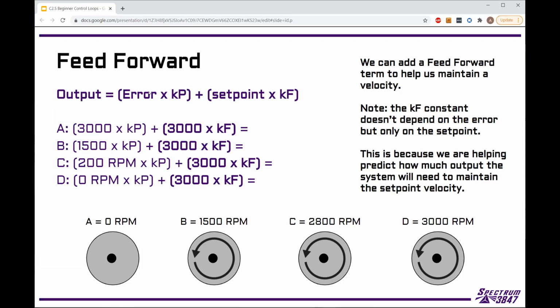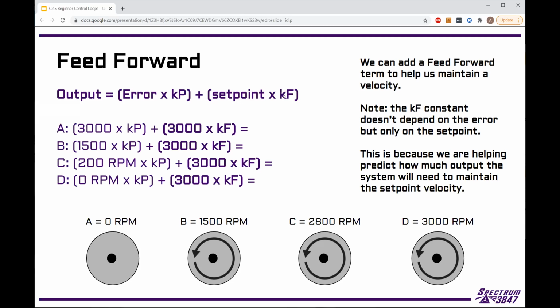So instead of reacting to the error in the system, instead of reacting to the measurement that we're getting from the sensor, it only reacts to the set point or the command. So however fast we're telling the wheel to spin, it's basically like a KP, but only on the set point. And so we call it KF.